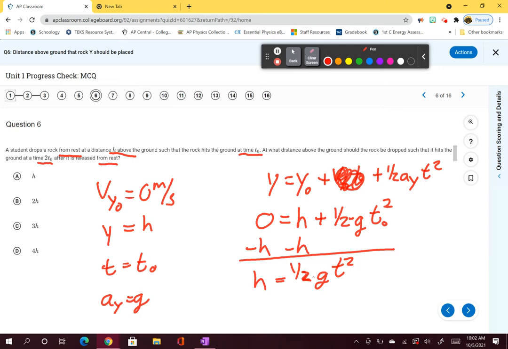Now it's saying what happens if our t gets doubled. So what happens to our h if our t gets doubled? So this is our basic equation. So now we're going to use that same exact equation, h equals 1/2 g. But now we're doubling our t. So that squared would have to go to the 2 and the t.